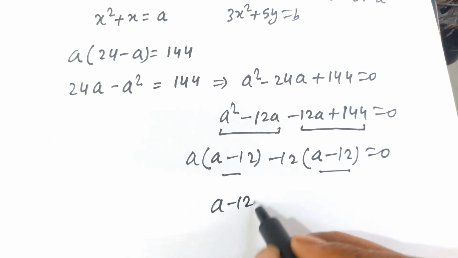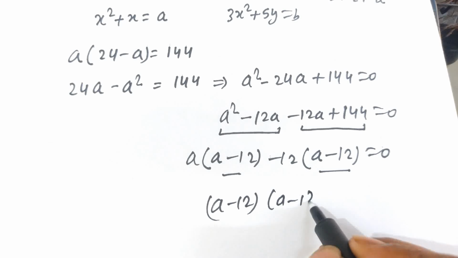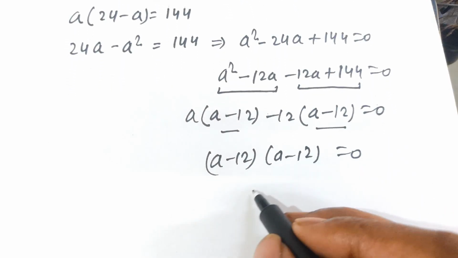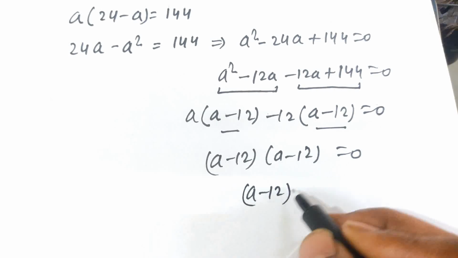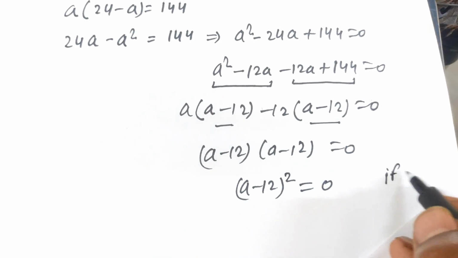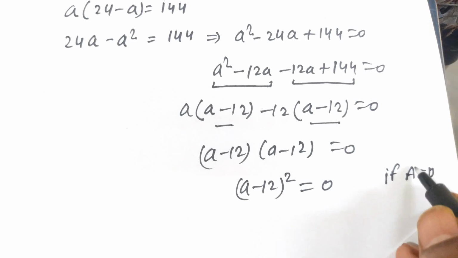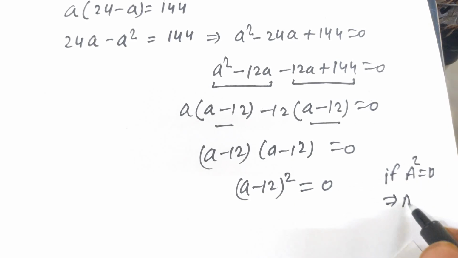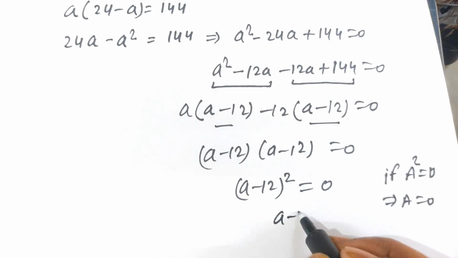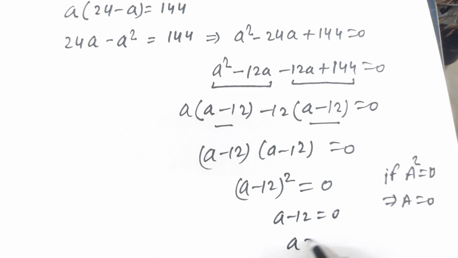If we take a minus 12 common, then here a minus 12, and this is equals to 0. Now this is same as a minus 12 whole square, this is equals to 0. And we know that if a square is equals to 0, this implies a is equals to 0. So a minus 12 whole square, this is equals to 0, it means a minus 12, this is equals to 0, and then value of a is 12.